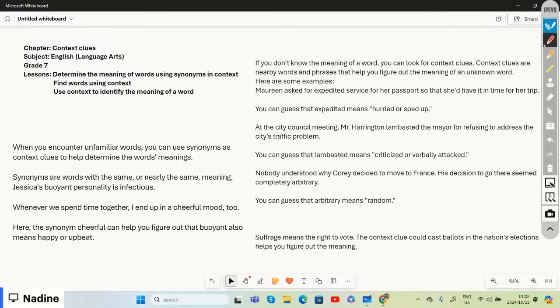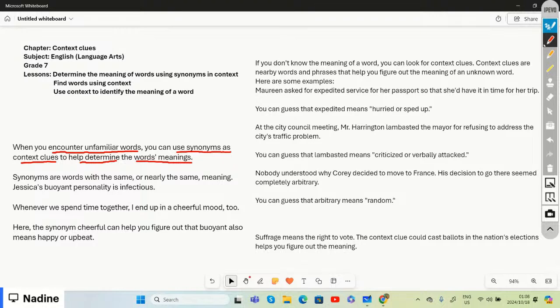It is like nearby words or phrases that help you to figure out the meaning of an unknown word. So that is context clues. Once again, when you encounter unfamiliar words, you can use synonyms as context clues to help determine the words' meanings.